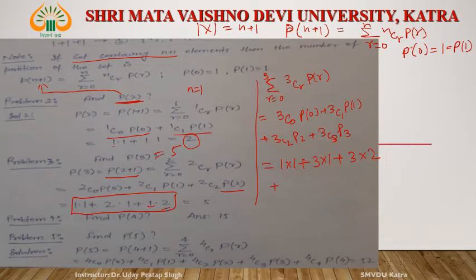Plus 3C3 is 1. What is P3? P3 is 5. And this is equal to 1 plus 3 plus 6 plus 5, that is 15. Then P4 is equal to 15.